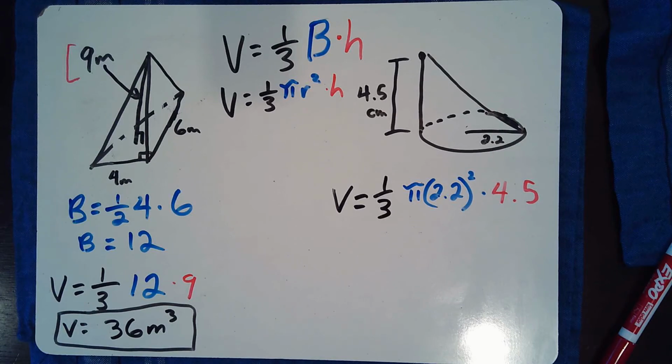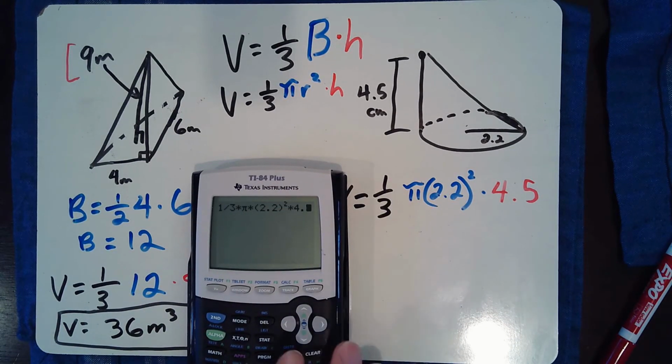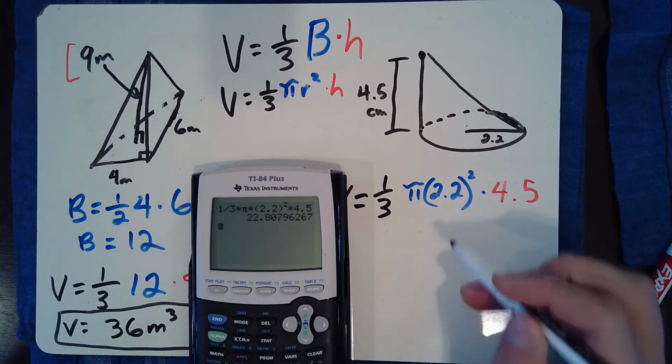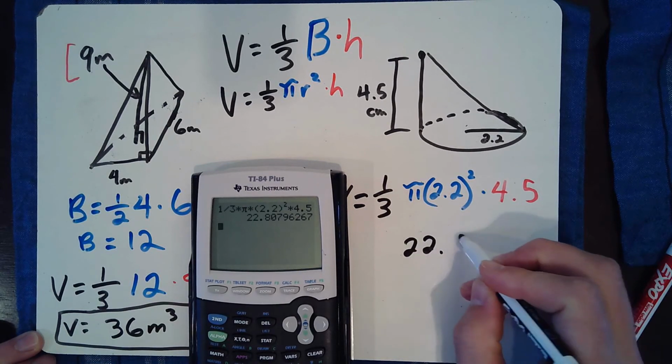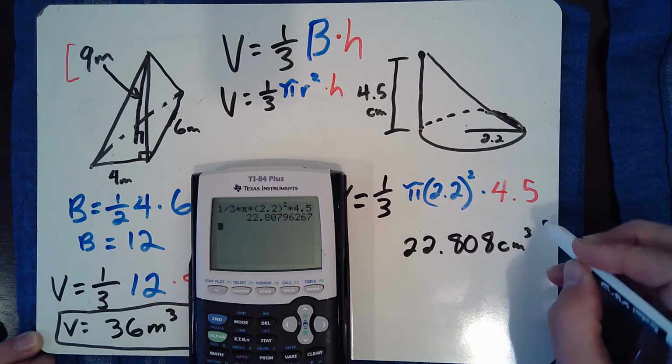Now here I have pi, I have 1/3, I have 2.2 squared, I've got 4.5. These are all decimals, and they're going to work out to a kind of nasty number. So what I did is I just plugged it all straight into my calculator, and I get my answer: 22.808 centimeters cubed.